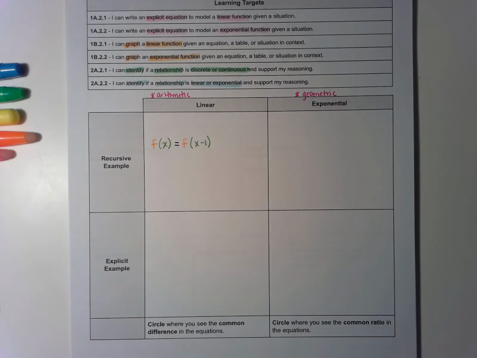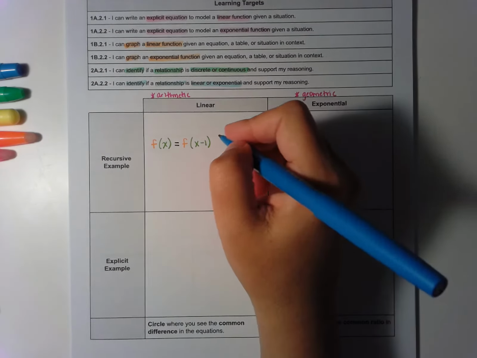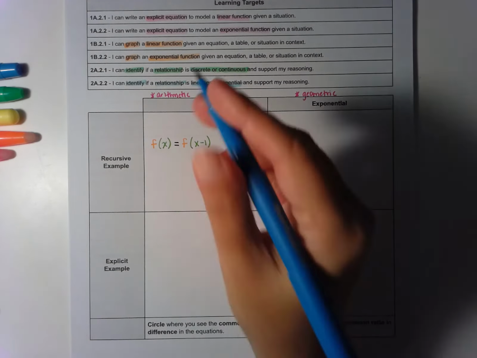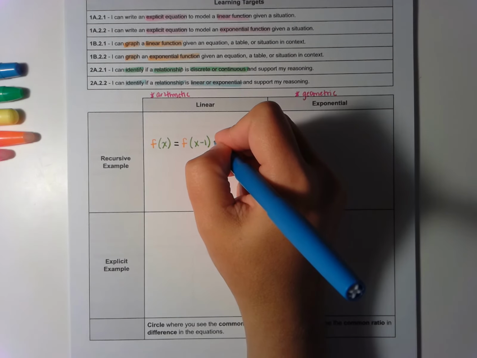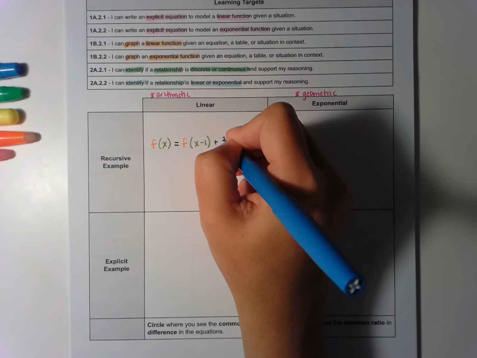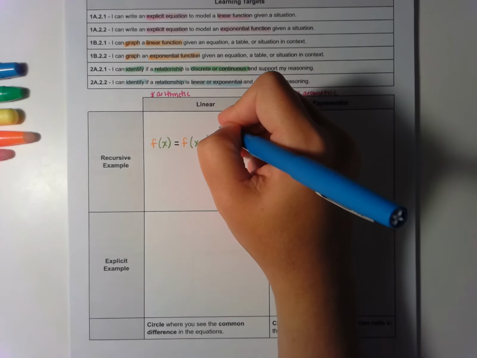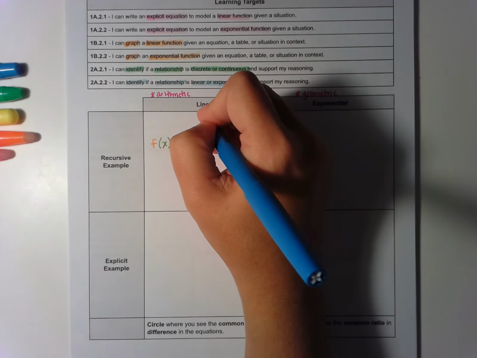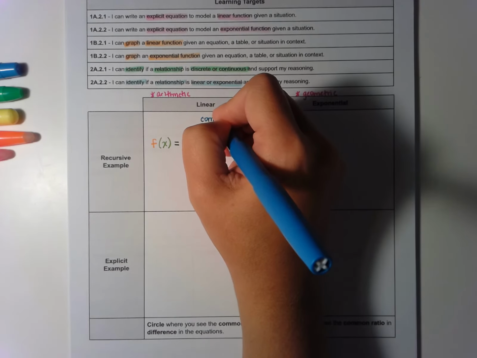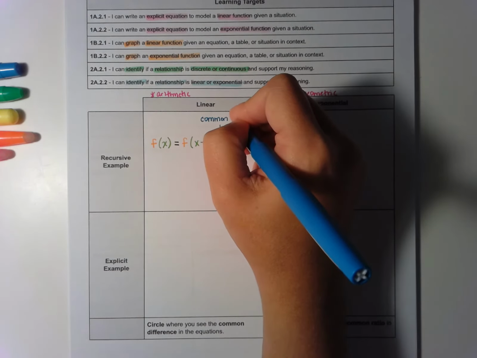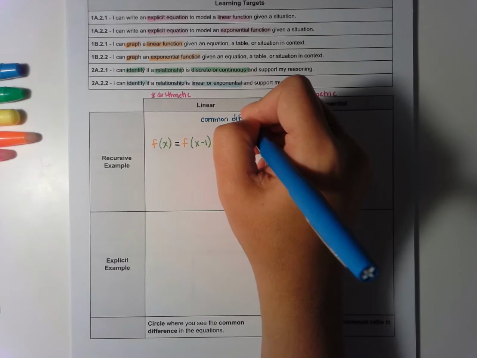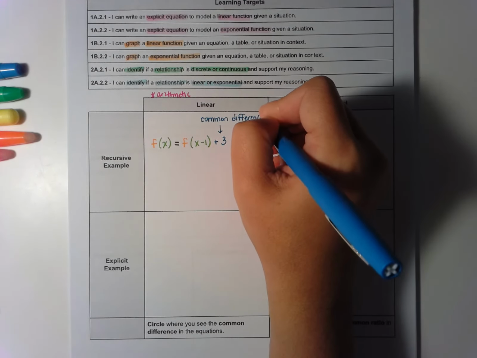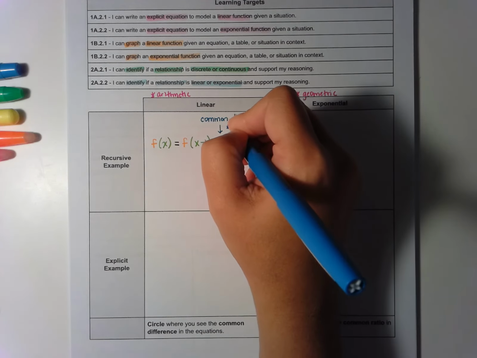Since this is a recursive sequence, and for a linear function, our pattern is either going to be adding or subtracting. So an example would be something like plus 3. We know that this is linear because this is the common difference, and there is an adding pattern.